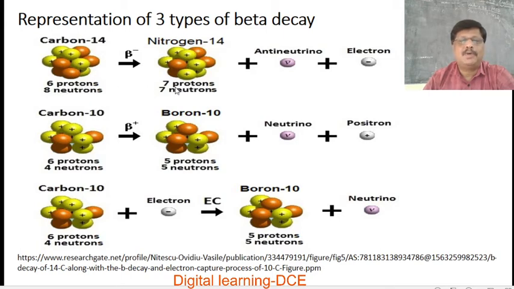So there are 7 protons, 7 neutrons. Here 6 protons, a proton rich radioactive nucleus. So one proton is converted into a neutron. 5 protons and 5 neutrons. Here 6 protons are there, the proton rich nuclide absorbs an electron and becomes a neutron.